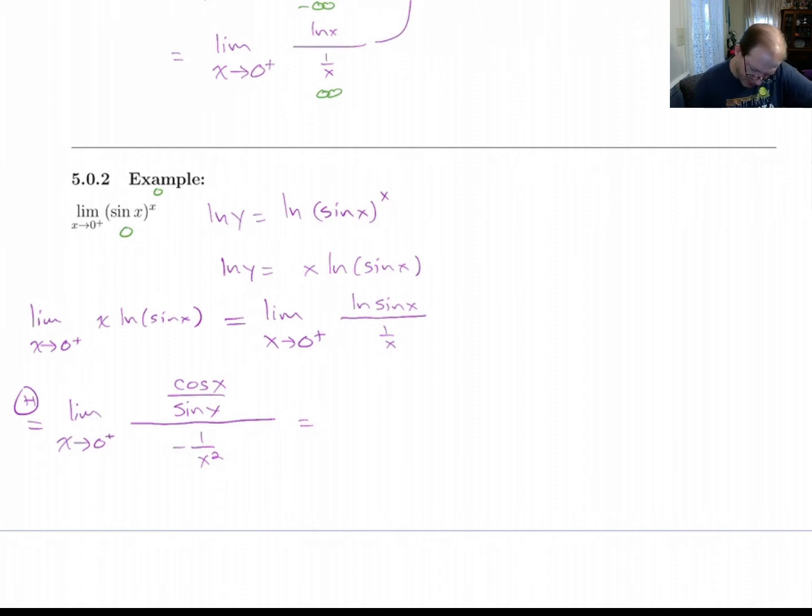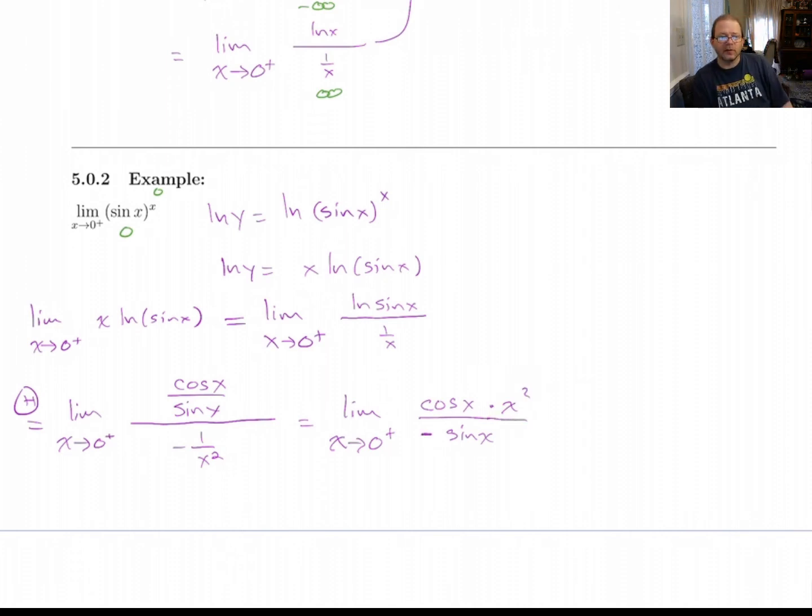Cosine over sine is cotangent. But let's rewrite it like this. X goes to 0 from the plus side. On top we've got cosine x over sine x. And then we're dividing by this 1 over x squared, so I could put the x squared on top and the negative 1 on bottom. So we get this.